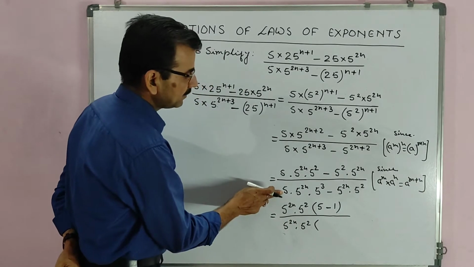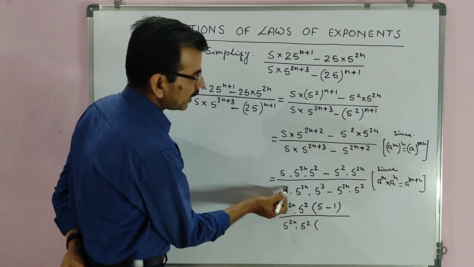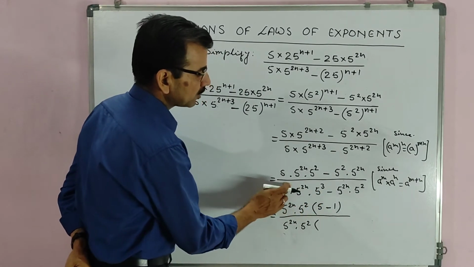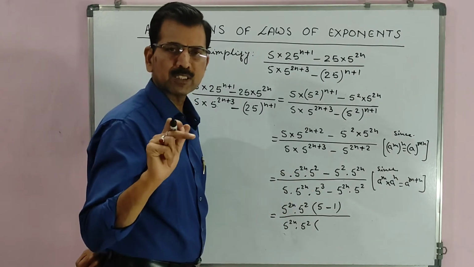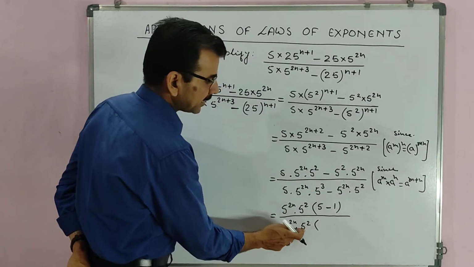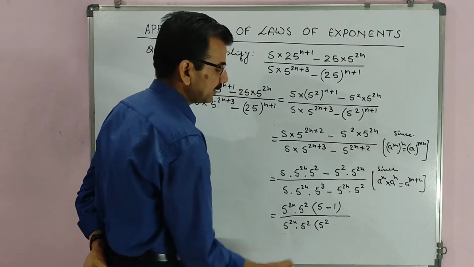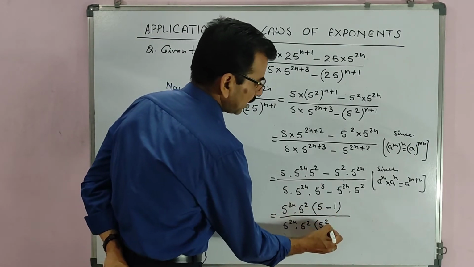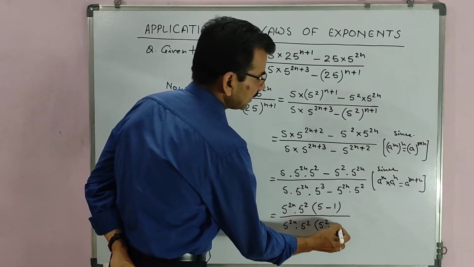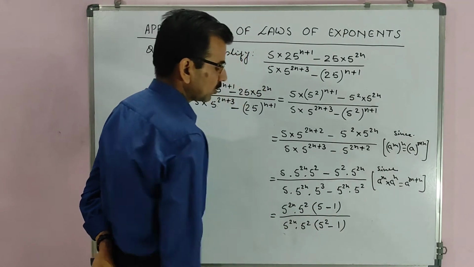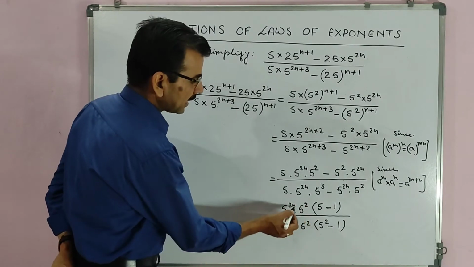So what is left here? 5 raised to power 1 and 5 raised to power 3. This will give 4. 5 raised to power 3 plus 1 means 4. From that we have taken 5 square. So what is left here? 5 square inside, and after minus we can write 1 here. Okay, clear to you?